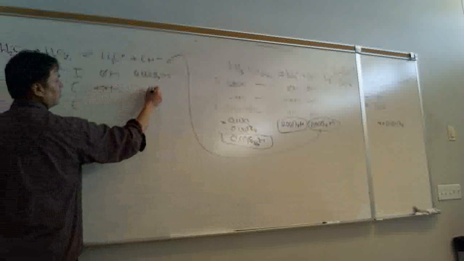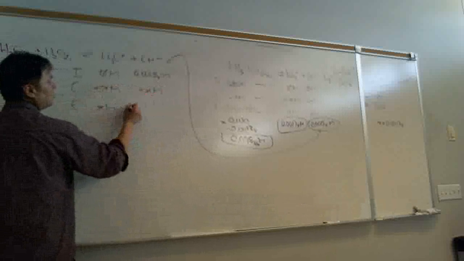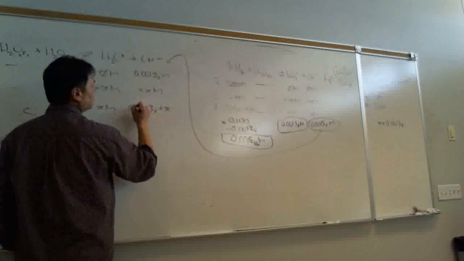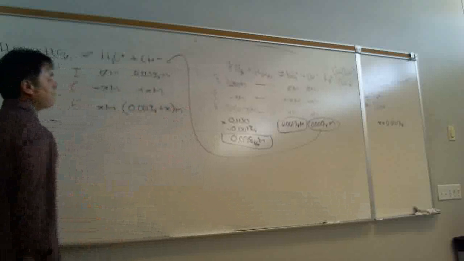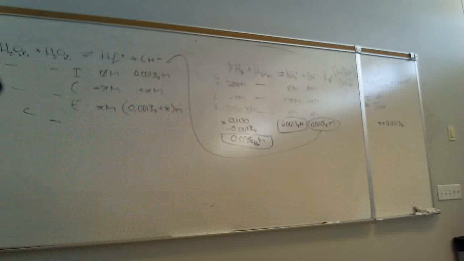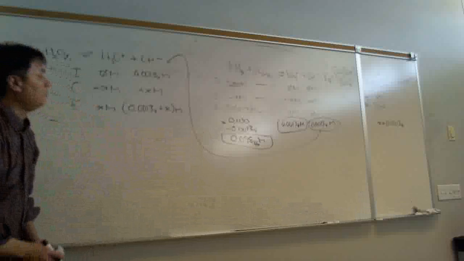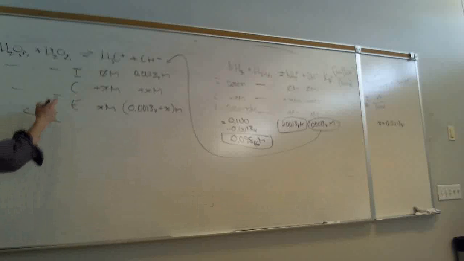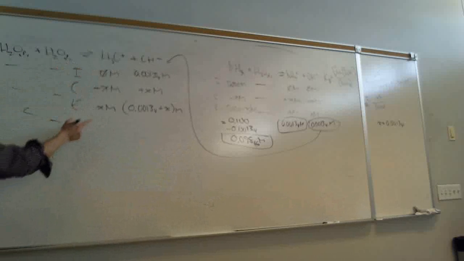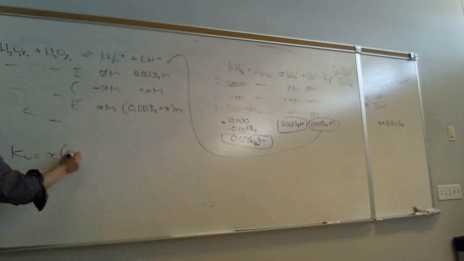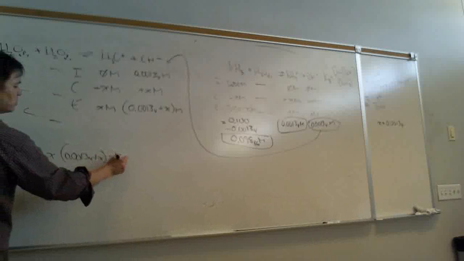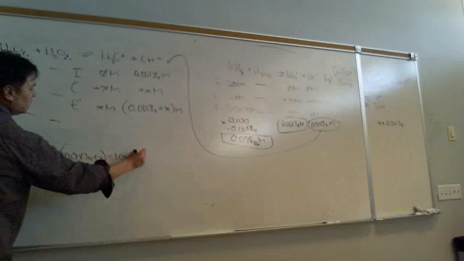And so now I let the water molecules collide. It's going to go plus X molar, so at equilibrium I'm going to get X molar and 0.00134 plus X molar. And so let's go ahead and calculate how much additional hydroxide I'm going to get here by looking at Kw. Kw is going to equal the hydronium ion concentration, which is X, times the hydroxide ion concentration, which is 0.00134 plus X. And this should equal 1.0 times 10 to the minus 14 here.